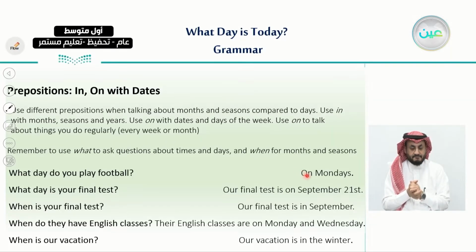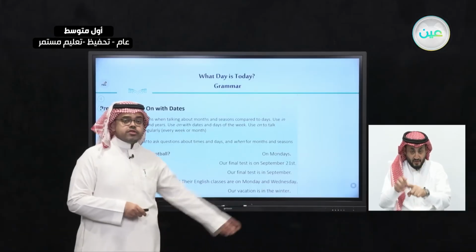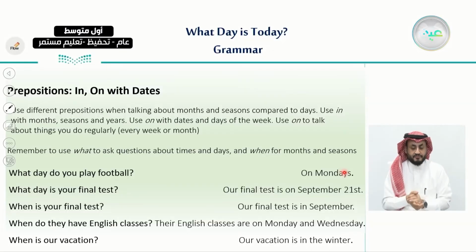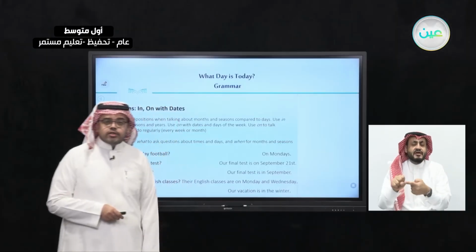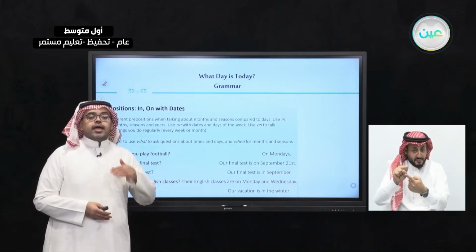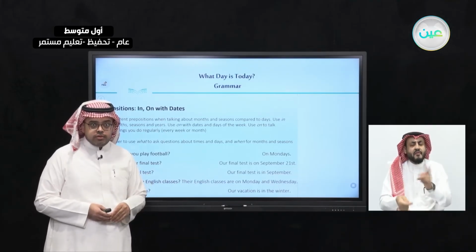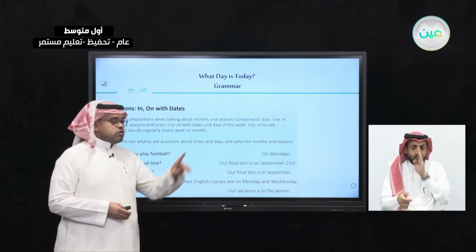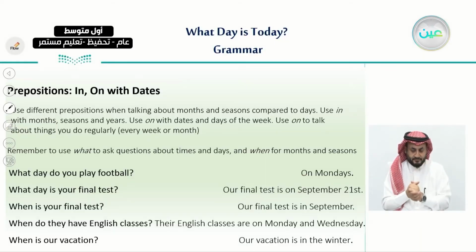It is on Mondays. And if you notice here, we have an s added to the day Monday. What does it mean? It means every Monday. So we use on with days.